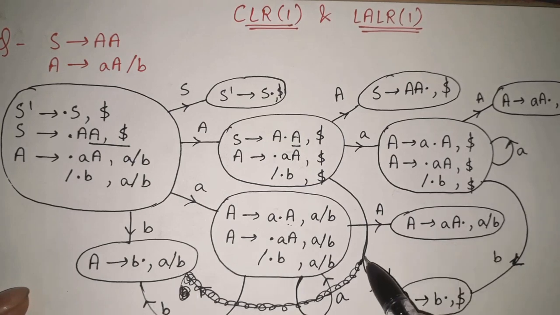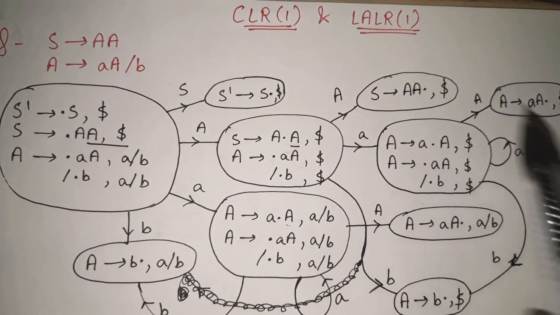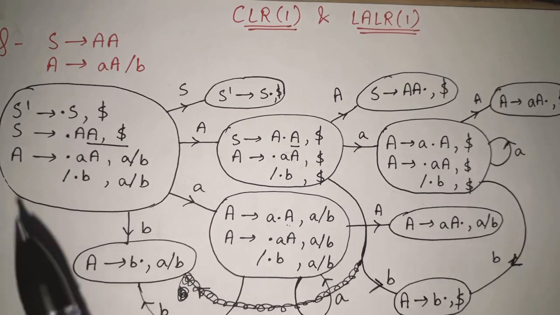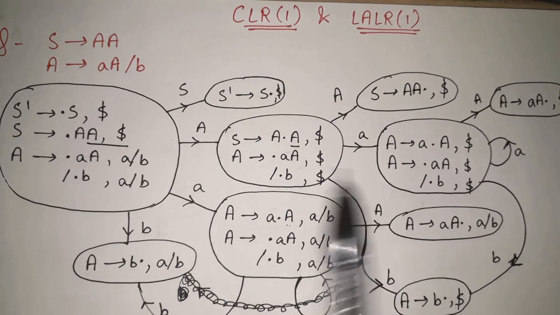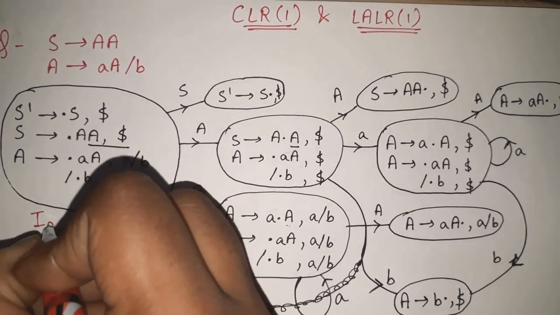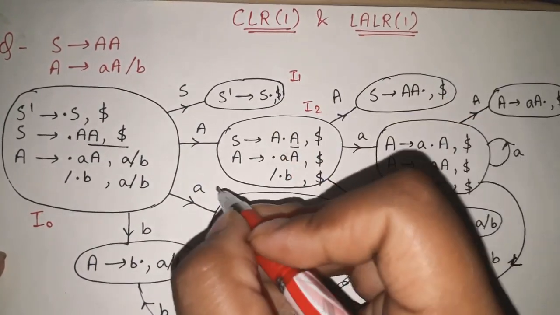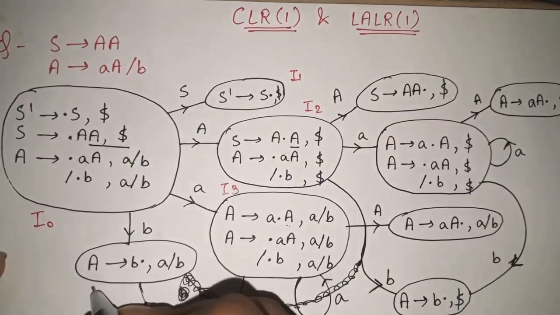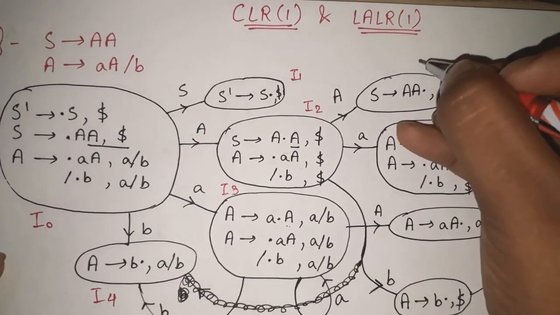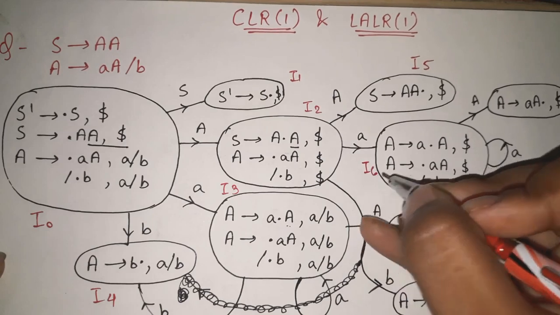So that's what makes this different from LR0 and SLR1, because in these cases we have to be very careful about the look aheads, right? So I guess yes, now we are done with our states. Let's name or number our states. So let's name it as I0, and this is I1, I2, this is I3, I4, I5, I6.